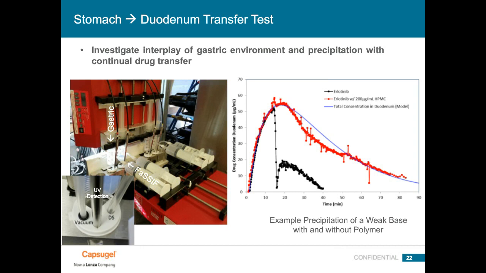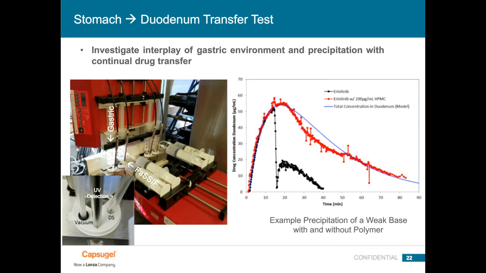However, if we dose this drug simply with some HPMC physically mixed with the drug, it follows the red curve, where supersaturation continues for about an extra 5 or 10 minutes, and then when it precipitates, it's a much more gentle precipitation, and the solubility remains much higher throughout the test.